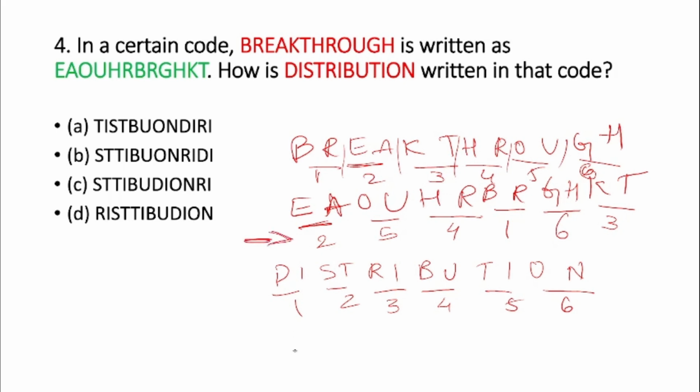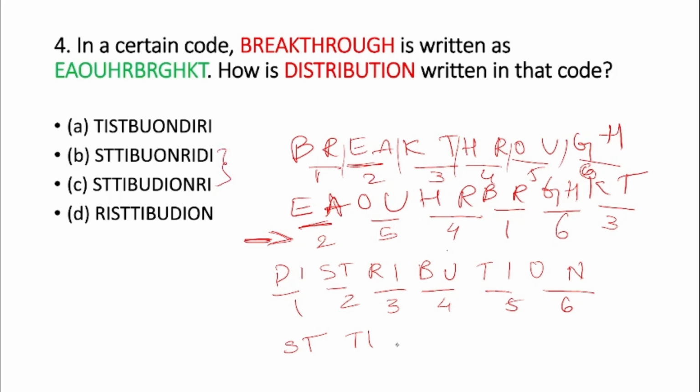First 2 should come. 2 is ST. Then 5. 5 is TI. ST, TI. We have come down to two options.